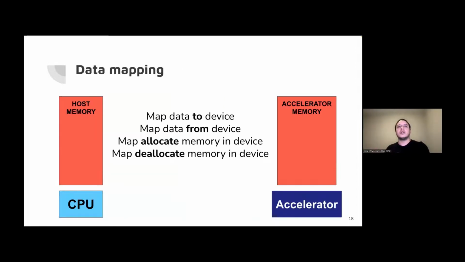And so there is this coordination that has to happen between the host memory and the accelerator's memory, which has to do with copying memory back and forth between one and the other.